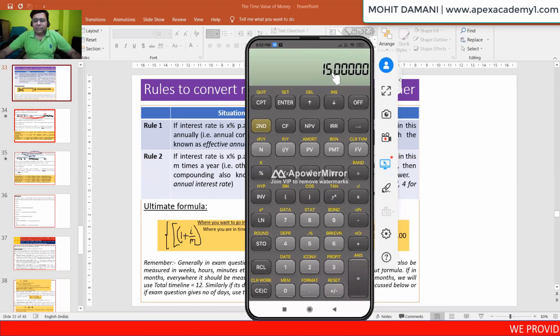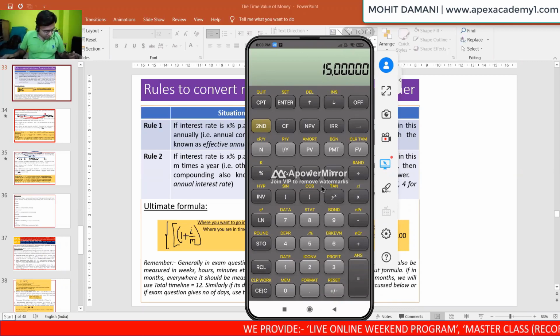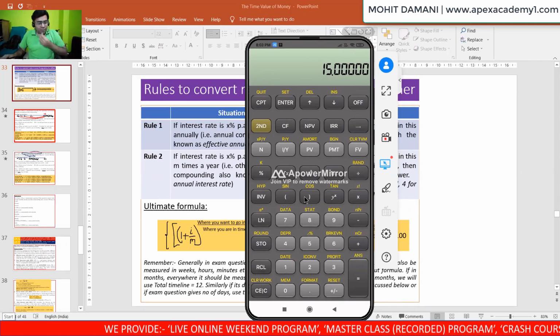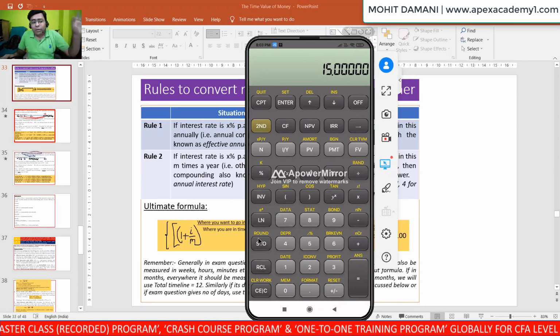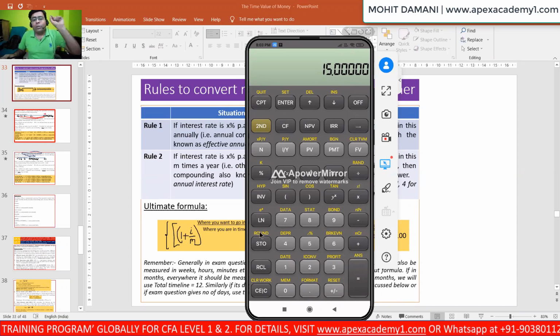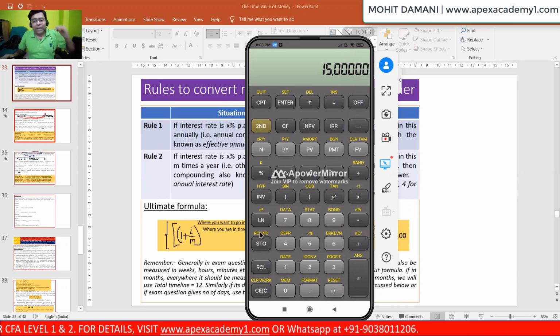Okay, so suppose 15 is the number. I want to store it. So I will press the store button, but that will not complete it. If you recall, you will not get anything. As I told, there are 10 different numbers that you can store on your calculator.